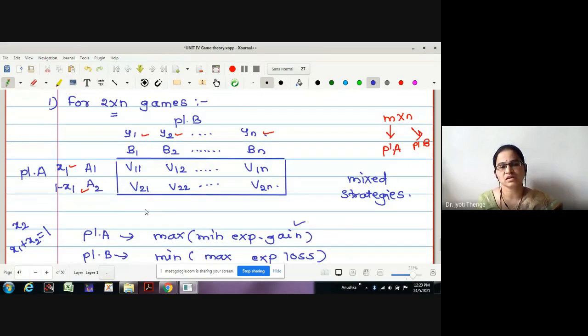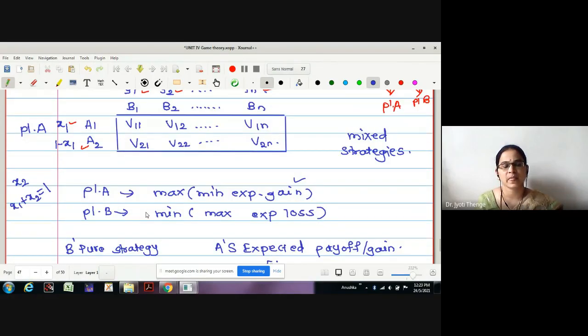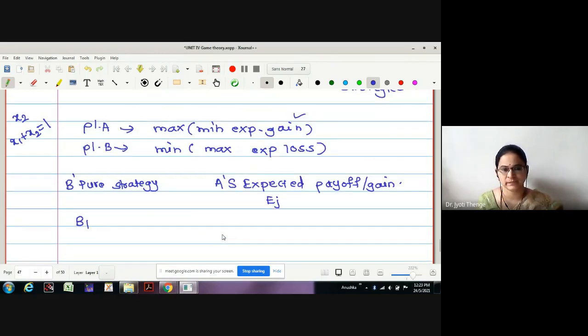Actually, this was the third or fourth time I am doing the same thing. Minimum expected gain: once we have done it in the arithmetic method, once in the graphical method. What is A's expected gain? Yes, students.